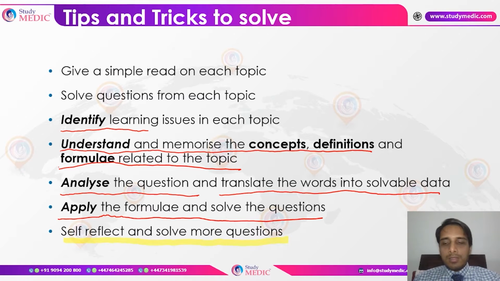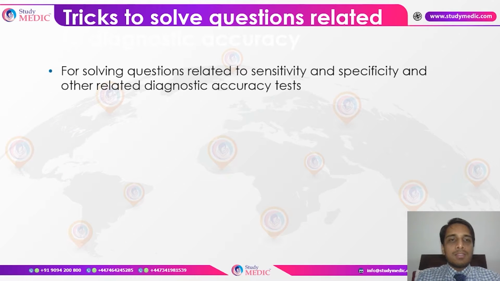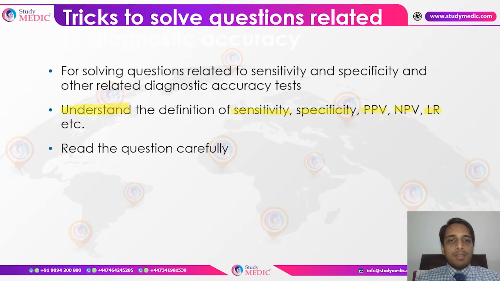Then what are the actual tips and tricks to solve sensitivity and specificity questions? One thing is, for solving questions related to sensitivity and specificity and other related diagnostic accuracy tests, we need to understand the definitions of these diagnostic accuracy tests like sensitivity, specificity, positive predictive value, negative predictive value, likelihood ratios, etc. Then we need to read the question carefully.